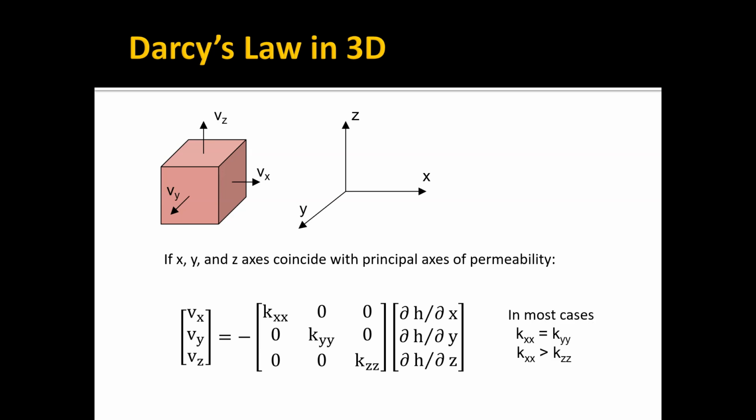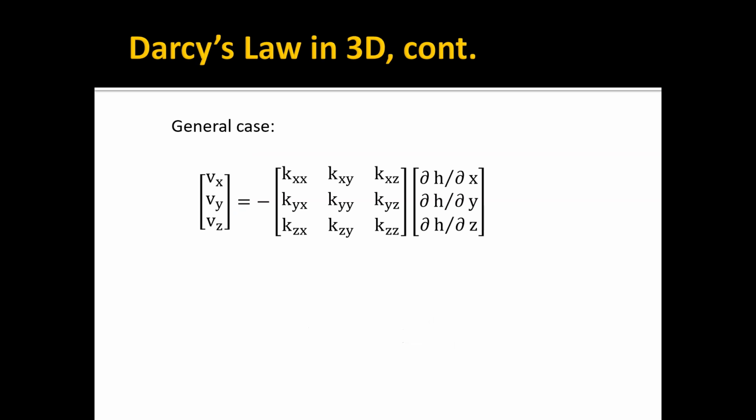But in the more general case, and this is what I mentioned before, in most cases Kx is equal to Ky, and Kx is greater than Kz, or Kz is smaller than both Kx and Ky because of the layering we talked about. This is the more general case. We have a full hydraulic conductivity tensor. The diagonal terms are Kx, Ky, and Kz. By the way, in practice, we often just write Kx instead of Kxx. But when we're showing the full matrix, this kind of makes sense.